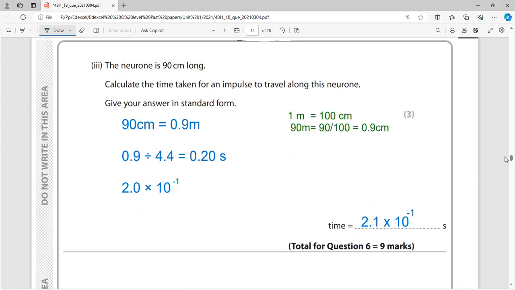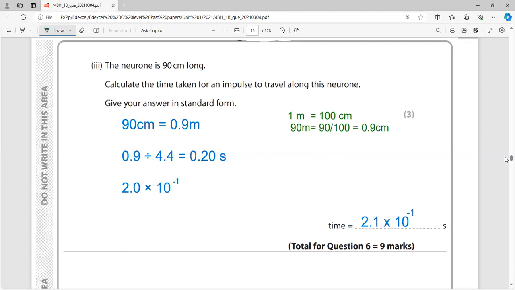A neuron is 90 centimeters long. Calculate the time taken for impulses to travel along this neuron. You can give your answer in standard form. The neuron is 90 centimeters long, so you need to convert centimeters into meters by dividing by 100.